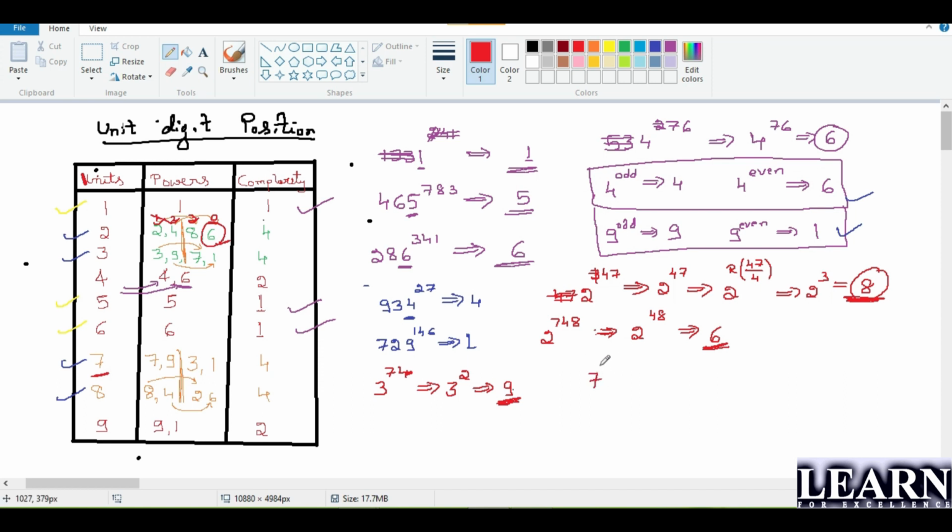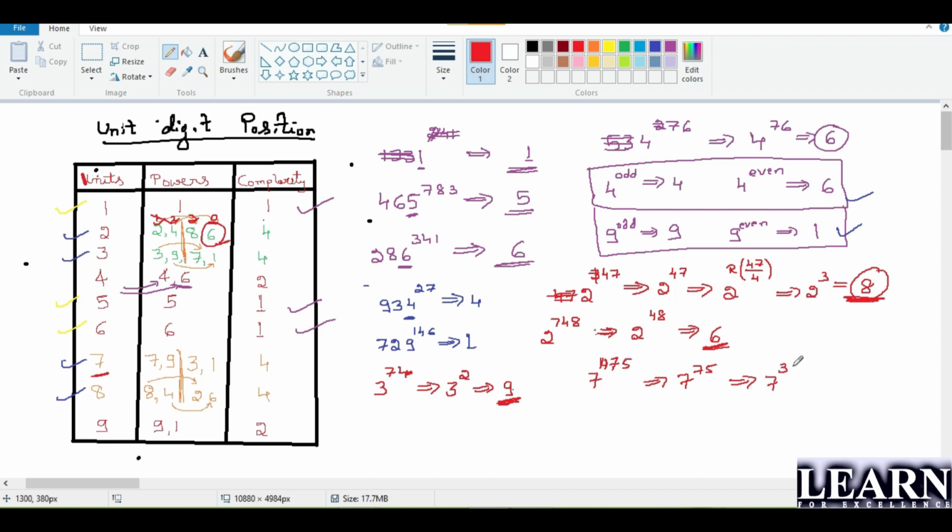I'll take 7 to the power 475. I don't want the 4 over here. So it is nothing but 7 to the power 75. What is the remainder when 75 is divided by 4, guys? Remainder will be 3. So I can take 7 to the power 3.